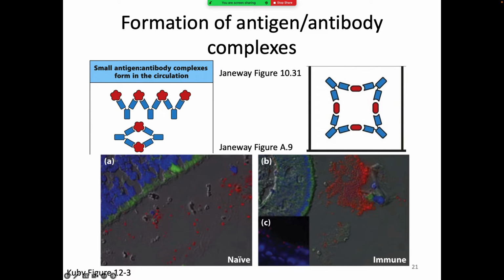There are also some downsides to making big clumps. If we filled your vessels with big clumps of antigen, that would not be great for blood flow. So there are some reasons why this is bad sometimes, but the idea here is that we're getting antigen-antibody complexes and basically precipitating the antigen out of solution.